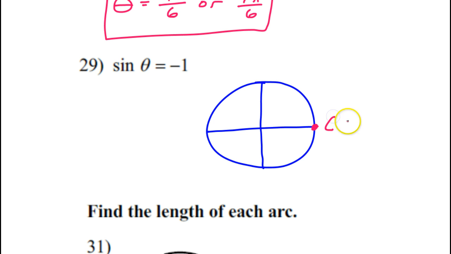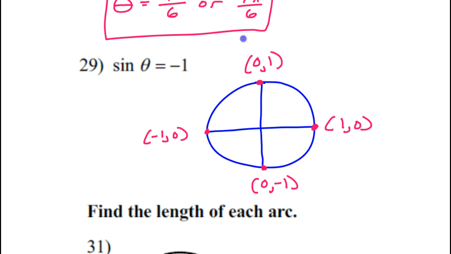So this is the point (1, 0), and this is the point (0, 1), and this is the point (-1, 0), and this is the point (0, -1). Now, each one of these points is in the form (cosine, sine).